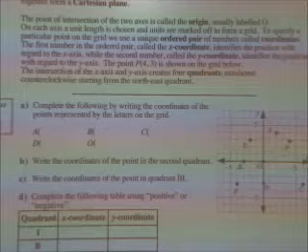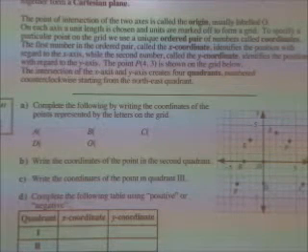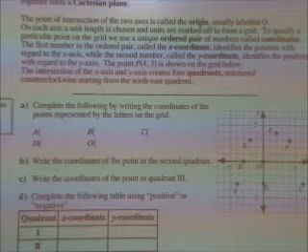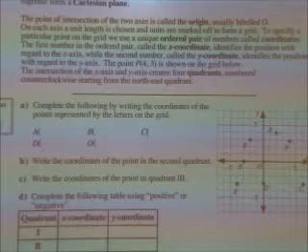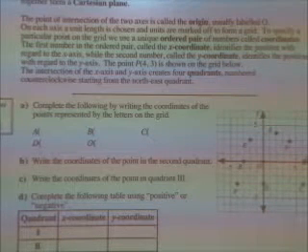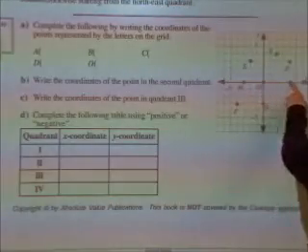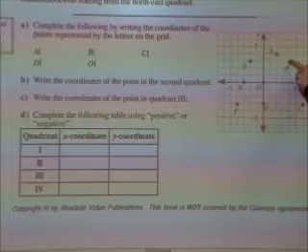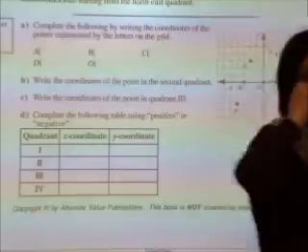X comes before y. X tells me which way to move, horizontally, left or right, and y tells me to move up or down. So the point (4, 3) is shown on the grid below. 4 over and 3 up, that's point P. So we can label it as point P being (4, 3).